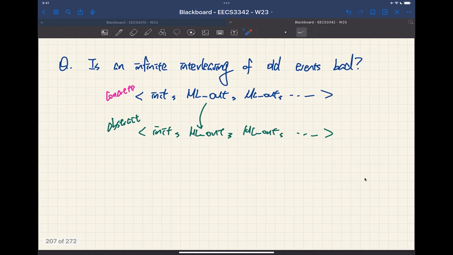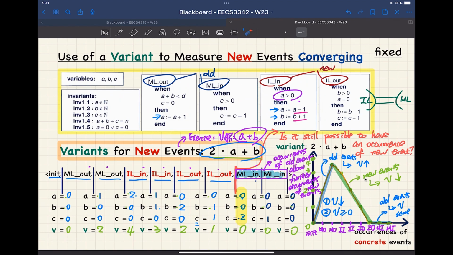Okay. And this is a very detailed tracing about how we can measure the value for the variance. Right? You can see, whenever you got any occurrence for the old events, it's going to increase the value of the variance. That one tells you how many new events you can actually take place consecutively.